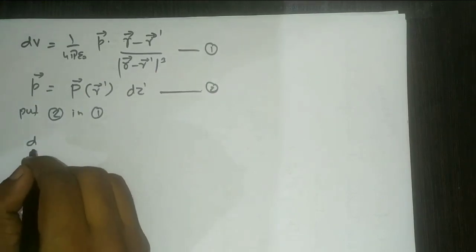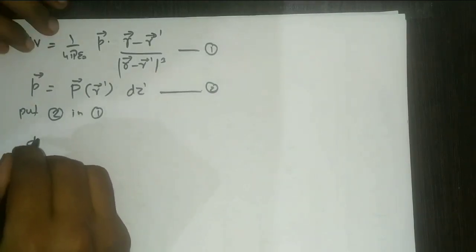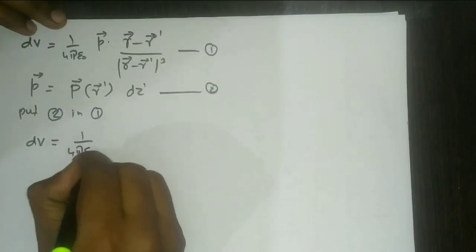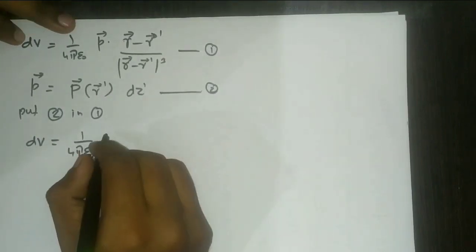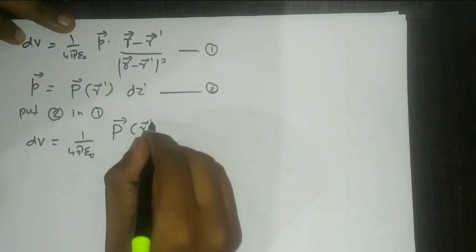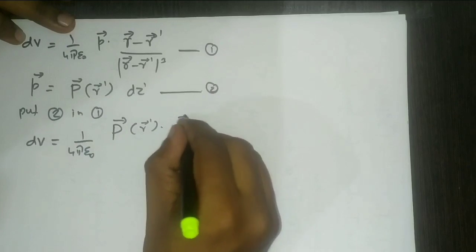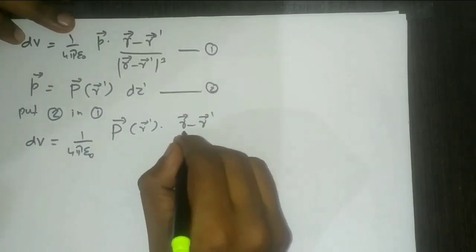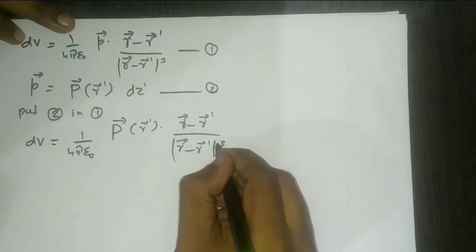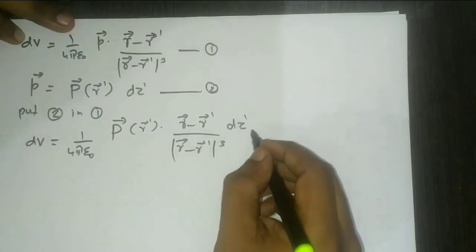Therefore, our dV can be written as 1 by 4 pi epsilon 0, P of r prime dot (r minus r prime) divided by modulus of r minus r prime whole cube, d tau prime.